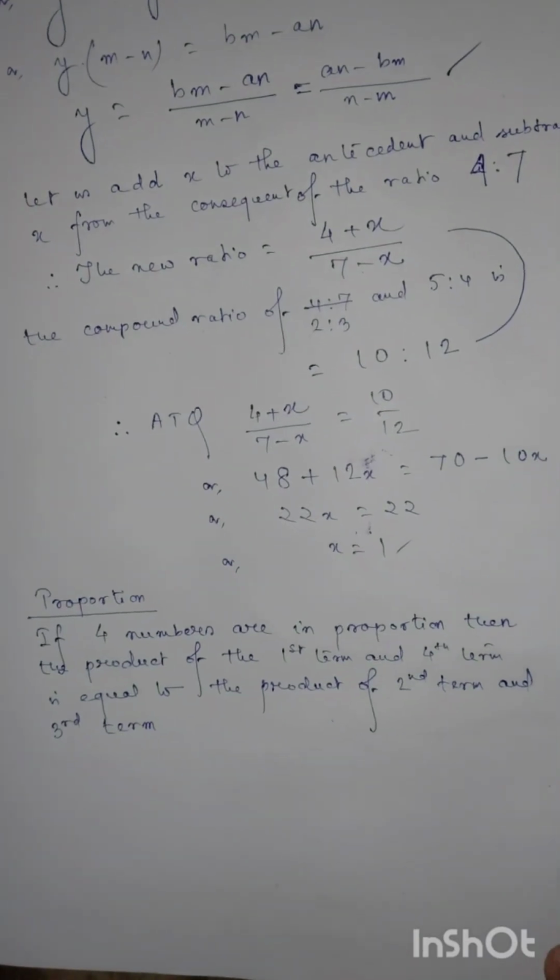Okay, so when four numbers are in proportion, then the product of the first and fourth, that means extreme terms, is equal to the product of the middle terms, that means second and third term.